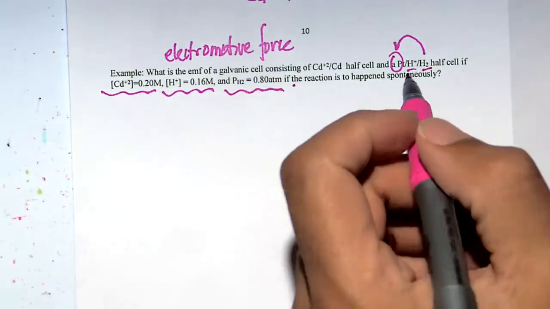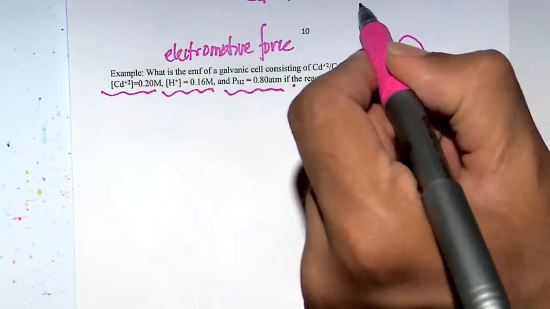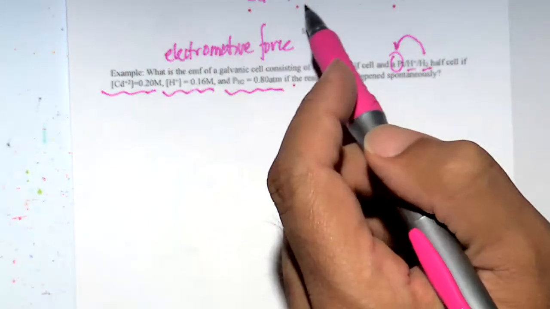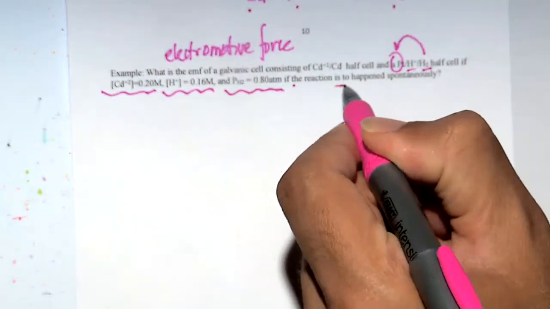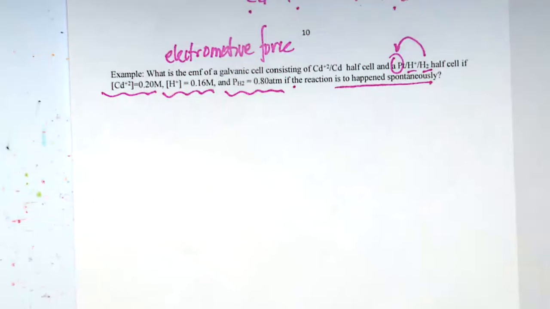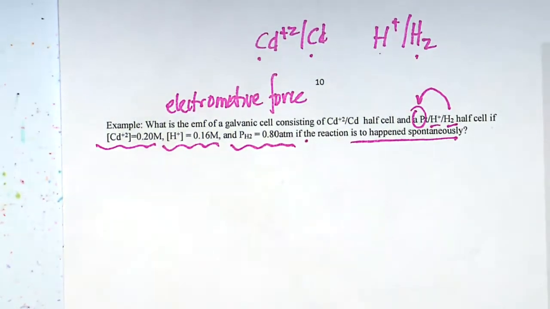So once again, you don't need the platinum to answer this. What you need is the H plus H2 half cell, cadmium plus 2 cadmium half cell, and we are told the reaction is going to go. Okay, it's going to move to the product side. Right, so let's write out these individual half reactions.